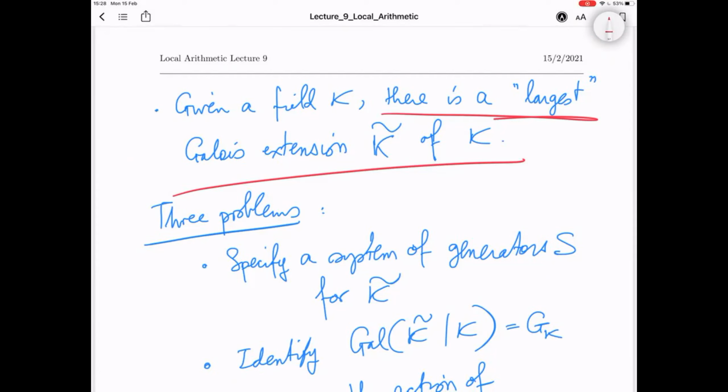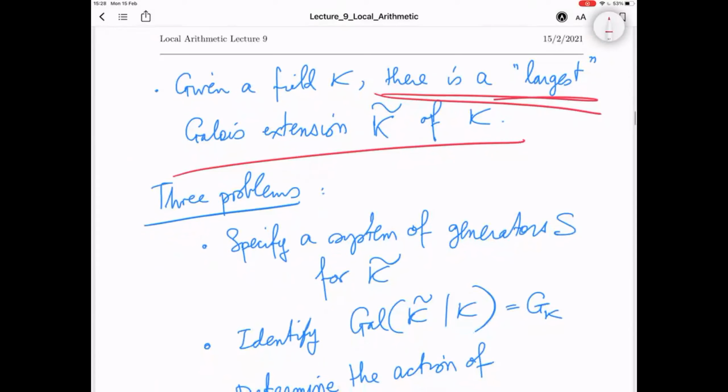Or you could simply say that it's a Galois extension of K which admits an embedding from every other Galois extension. That's enough to characterize this as the largest Galois extension.